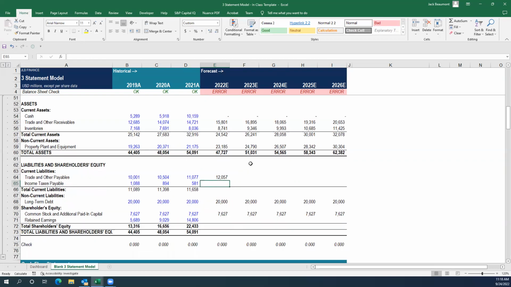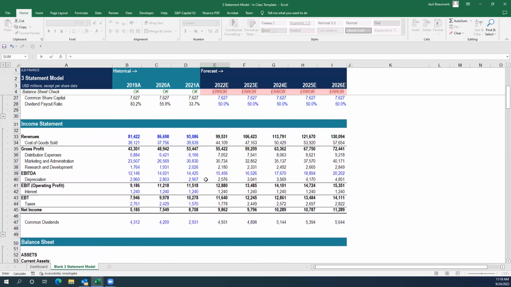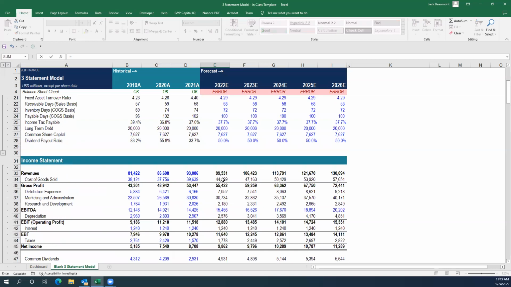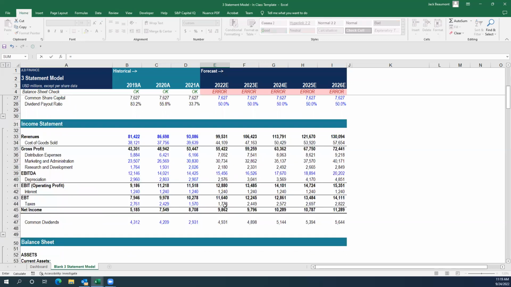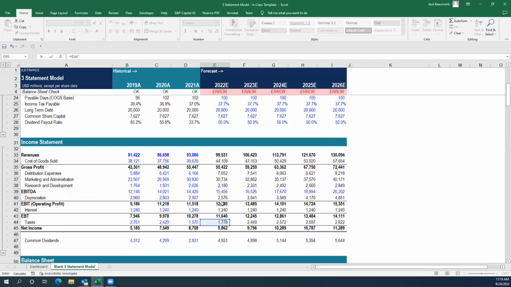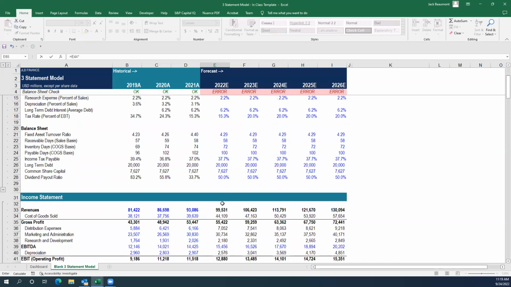So income taxes payable, a little bit different here because we base that off of revenue. No, not revenue, our earnings. So earnings before tax, then our taxes. So we get our tax rate. And so obviously our income taxes payable is a proportion of our taxes that we haven't paid.